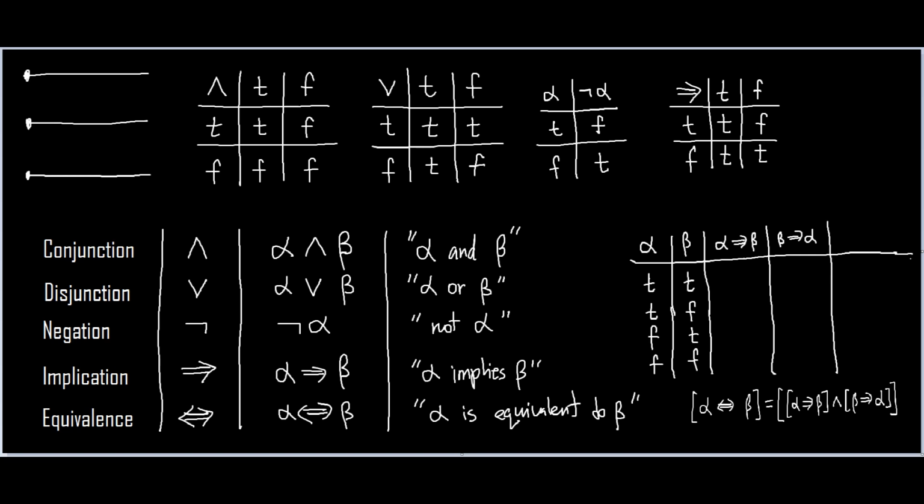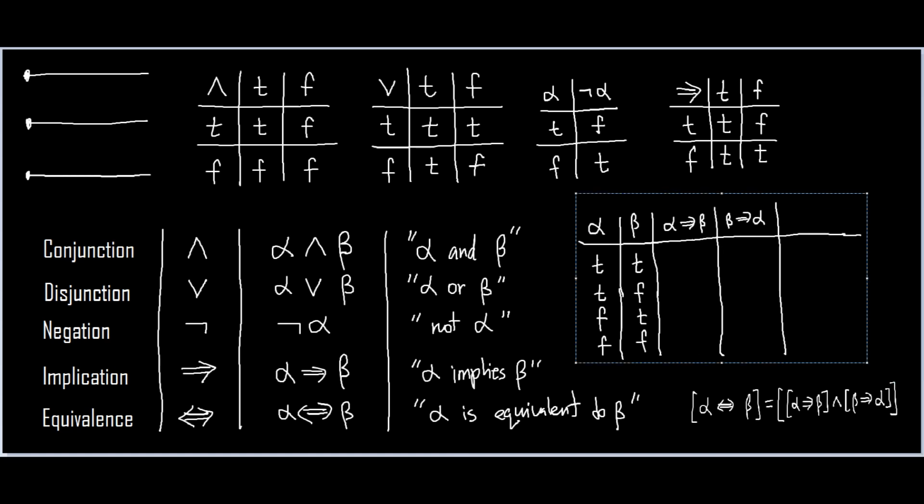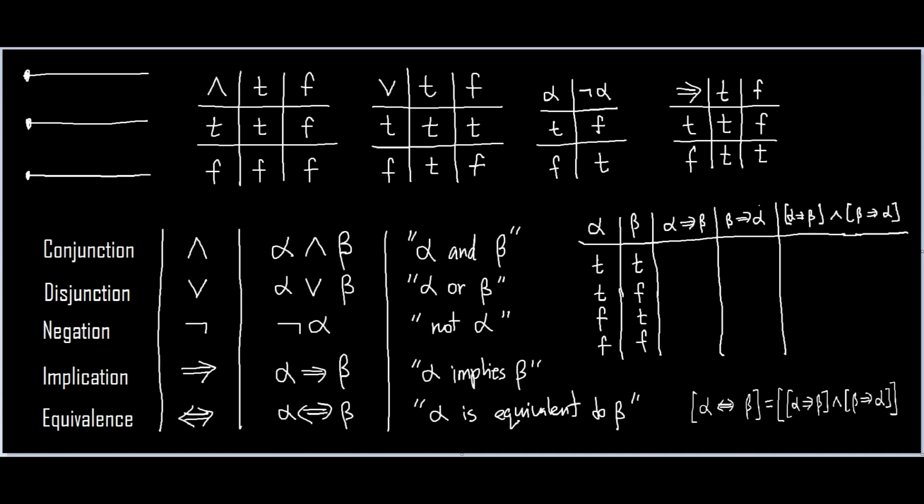And then at the end, finally, I'm going to have a column for alpha implying beta and beta implying alpha. And so, whereas these columns will be determined by this truth table, then this last column will be determined by making use of the truth values we will get in these columns and making use of this truth table.